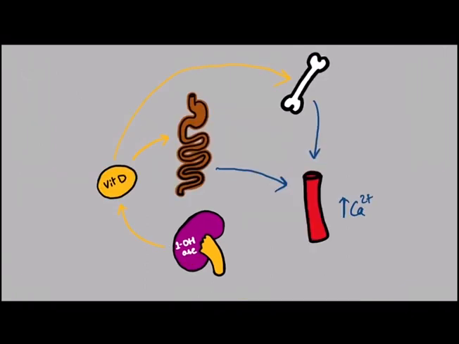Vitamin D3, the active form, acts on the bone. In the gut, it increases the absorption of calcium. It promotes demineralization of bone, which finally leads to increased calcium in the bloodstream.